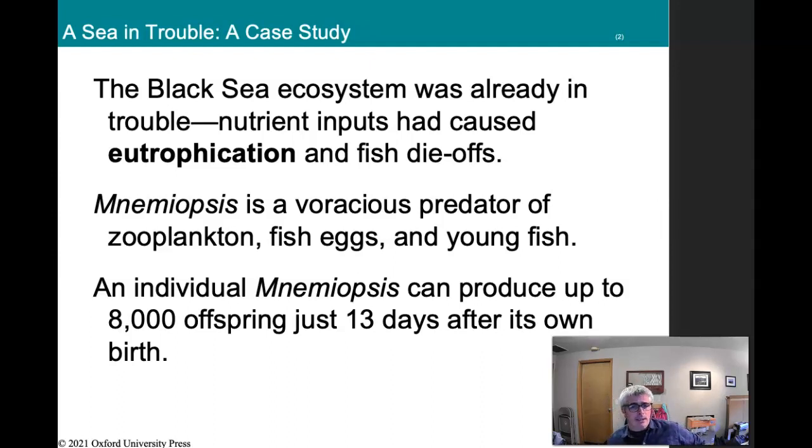And so the Black Sea was already set up for this with the history of eutrophication and history of fish die-offs. And this comb jelly is a voracious predator of zooplankton, fish eggs, and young fish.